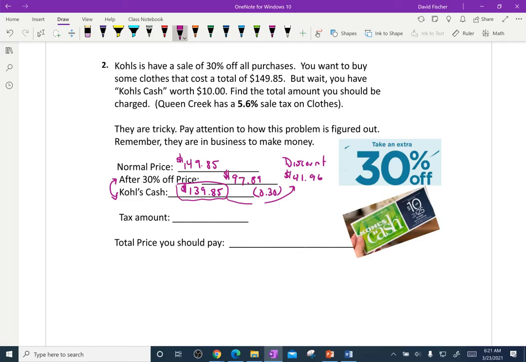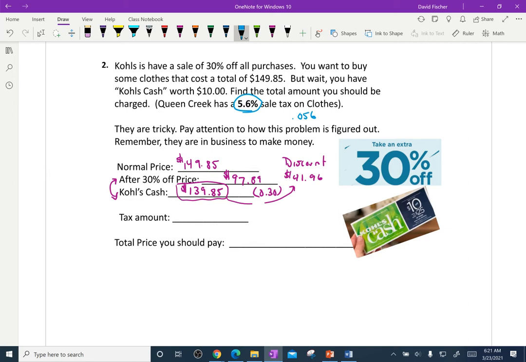So now they're going to say, okay, let's figure out your tax. Again, Queen Creek has a 5.6% tax, so that's going to be 0.056. Move the decimal 2 places to the left. So let's take that times 0.056 and figure out how much tax we owe. I get 5.48184.